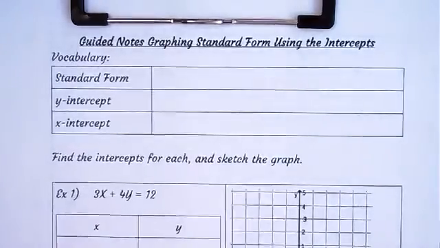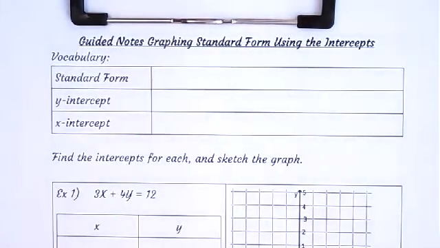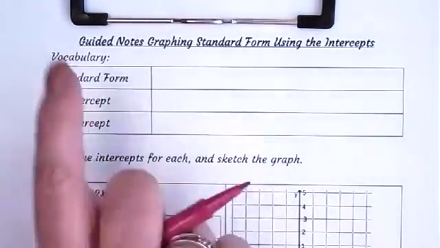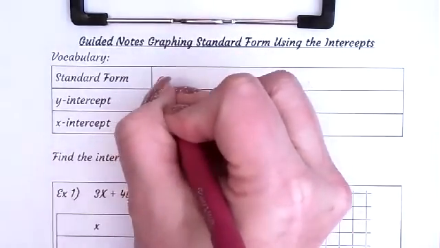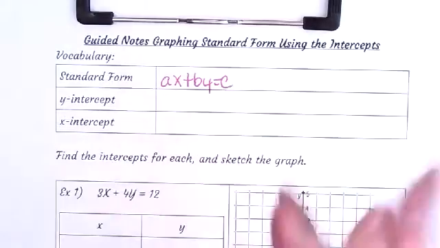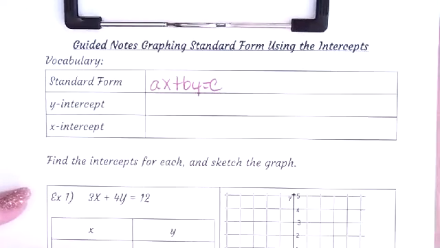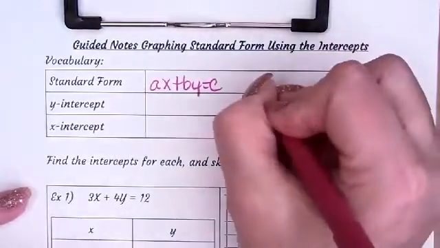This is the video notes that go along with our notes, graph in standard form using the intercepts. So we have 3 vocabulary words we need to define first. The first one is standard form. This means AX plus BY equals C. A, B, and C are numbers.